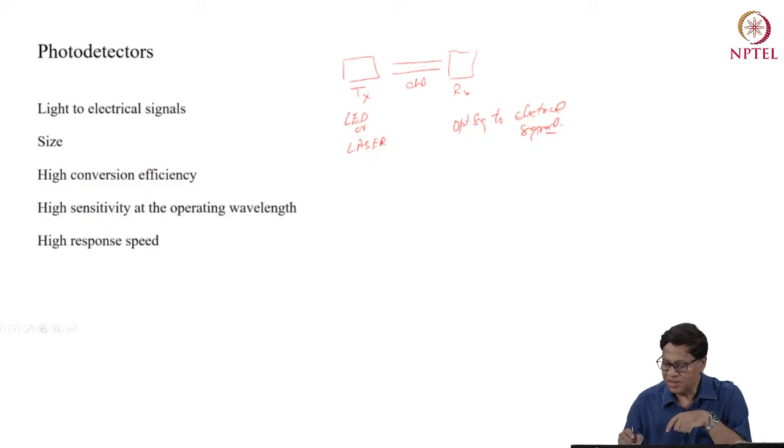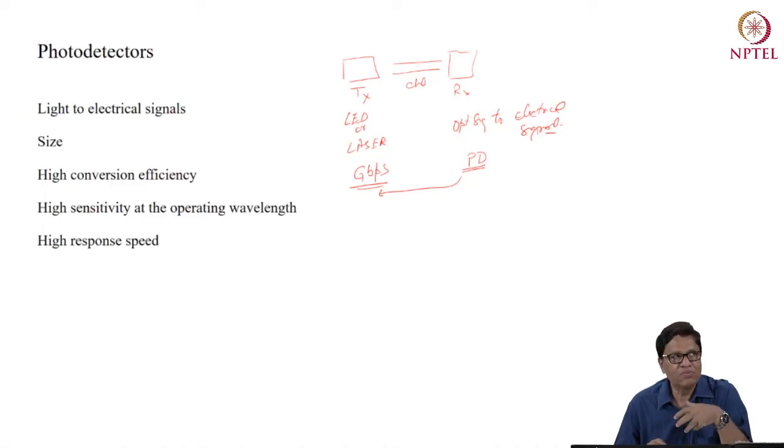Now the goal is to transmit at very high speed from optical transmitter to optical receiver. It could be of the order of, say, gigabits per second. So we want the Rx, in this case the photodetector, which we also call PD, to respond at this rate. So it should have a high response speed. We'll study in detail the requirements, how one can improve the response speed.